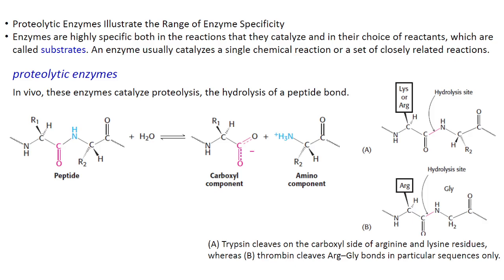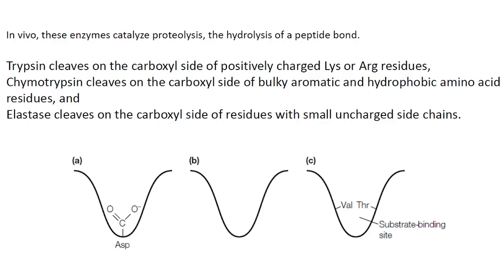There is a substrate, and enzymes act upon it and break it into a C-terminal and N-terminal fragment. It breaks at certain positions, like trypsin cleaves at the carboxyl side of arginine and lysine residues, whereas thrombin cleaves arginine-glycine bonds in particular sequences only. Therefore, these proteolytic enzymes function very differently.